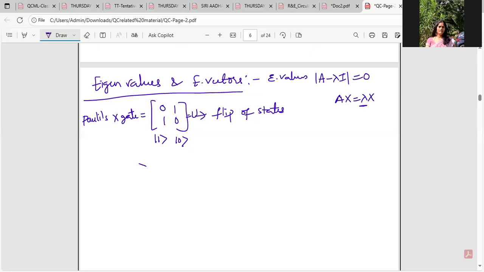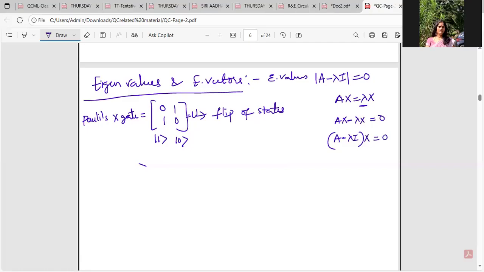Now, if I take lambda x towards the left, Ax minus lambda x is equal to 0. And then if I take x common, A minus lambda. A is a matrix, lambda is a number. So I cannot subtract the number from a matrix. So I'll be using the identity matrix, like the one in numbers.